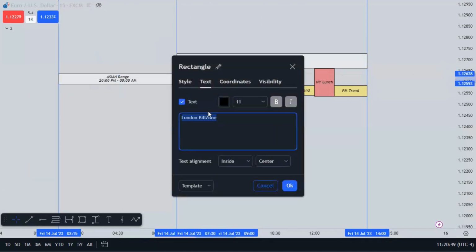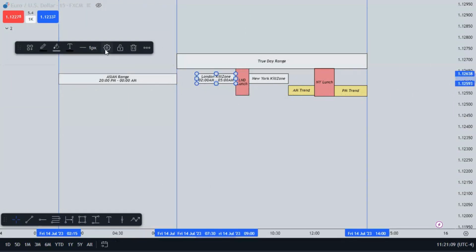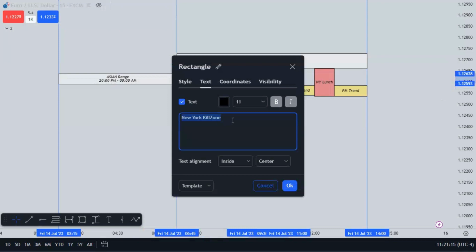The London kill zone is from 2 a.m. to 5 a.m. Then from 5 to 8, we have our lunch. And then we have the New York kill zone, which is basically from 7, but we use 8 a.m. to 11 a.m.